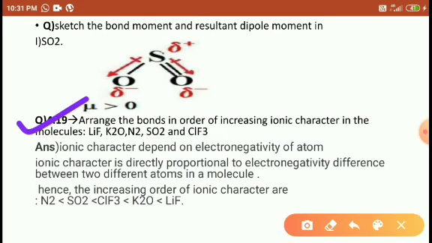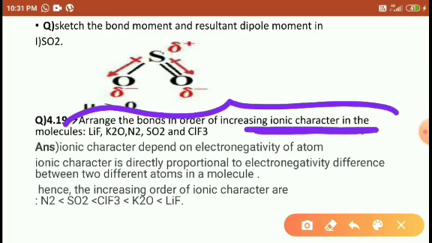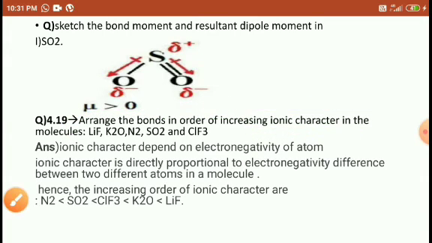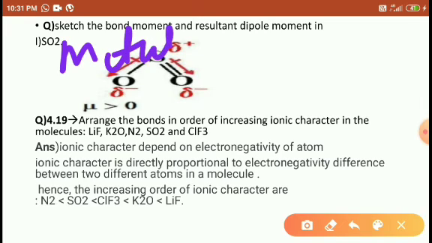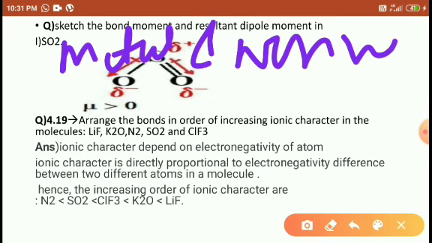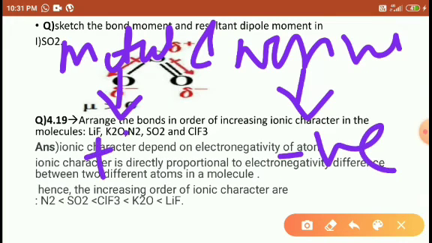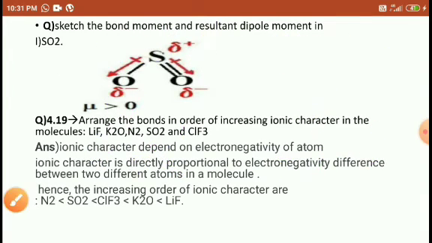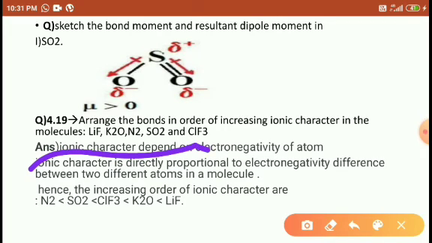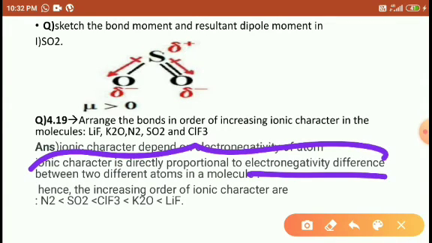The next question, from your NCERT: arrange the molecules in order of increasing ionic character. Ionic character increases between a metal and a non-metal. Metal is electropositive, non-metal is electronegative. Students, ionic character is directly proportional to the electronegativity difference between the two atoms.